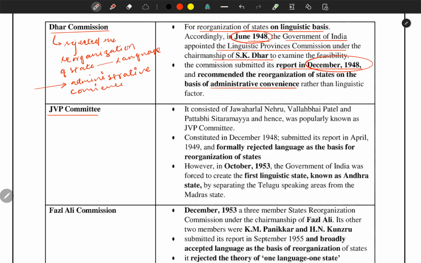So JVP means it shows three persons: Jawaharlal Nehru, Vallabhbhai Patel, Sardar Vallabhbhai Patel, and P means B. Pattabhi Sitaramayya.